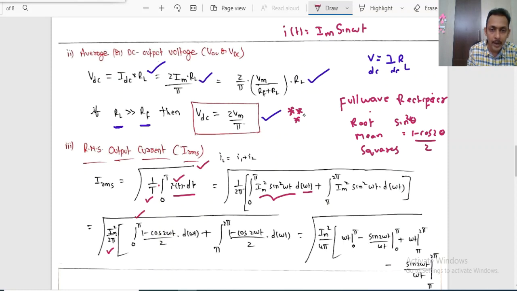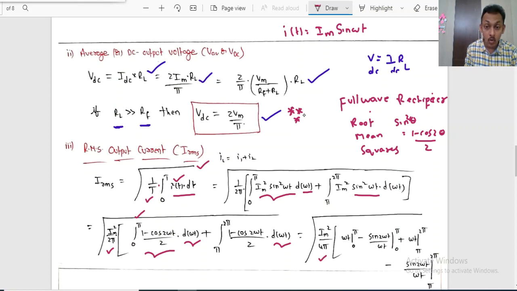Sin square omega t is written as 1 minus cos 2 omega t by 2 into the derivative of omega t, and the same for the limits pi to 2 pi. Im square by 2 is also taken out common, giving Im square by 4 pi.